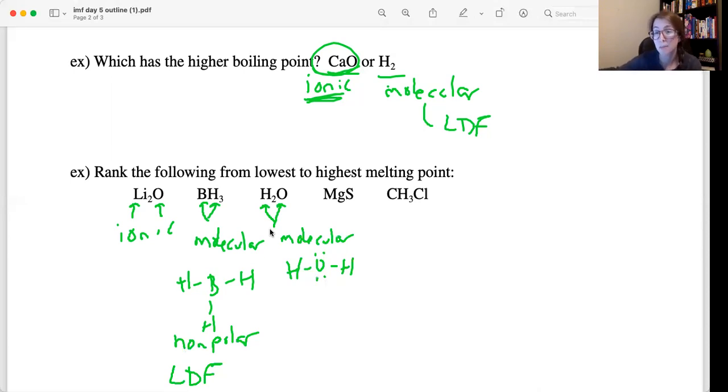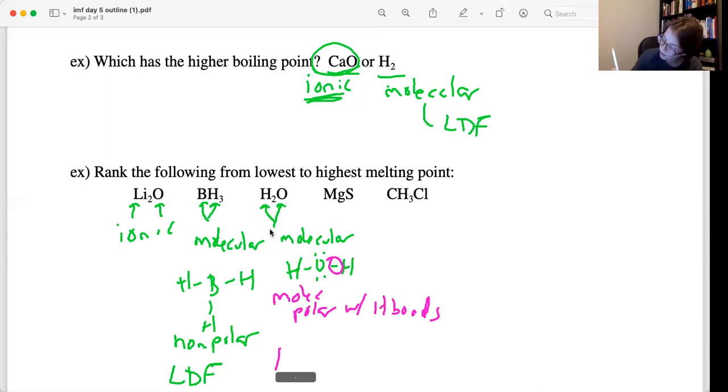Lone pairs on the central atom make it polar, but also since we have a hydrogen that's bonded to an oxygen, F, O, or N, we know that we have a molecular polar with H bonds, hydrogen bonds. So therefore we have hydrogen bonds here.